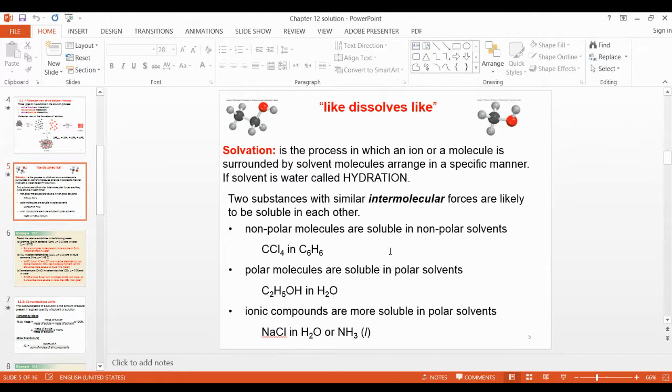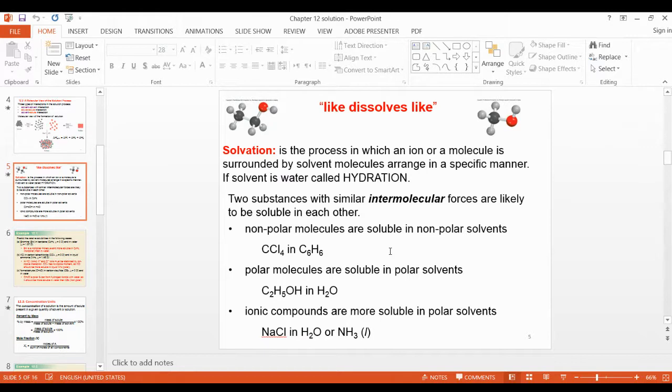As I told you in the beginning, non-metal, non-metal, metal, metal, or the compounds polar and non-polar, right? Polar has positive and negative charge. Non-polar doesn't have any positive or negative charge. But the polar covalent bond has partially positive, partially negative.